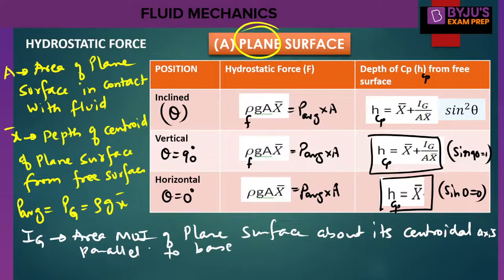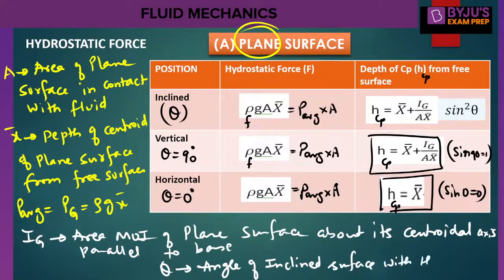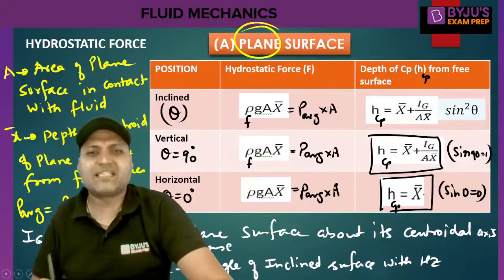That is called as Ig. And theta is the angle of the inclined surface with horizontal. These are the formulas which are applicable to the plane surface.